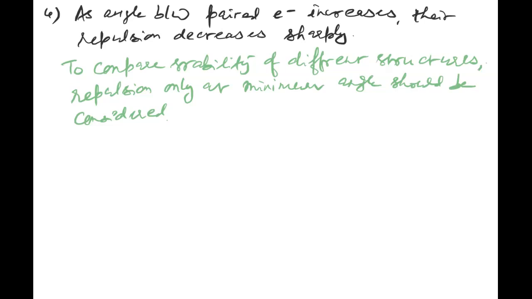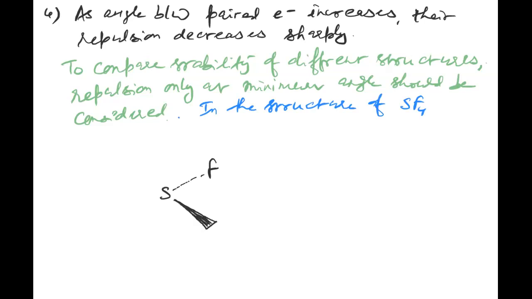For example, in the structure of SF4, one of the geometries may be with one fluorine going inside the surface of the board, another fluorine coming outward towards your side, and another fluorine in the plane of the board.